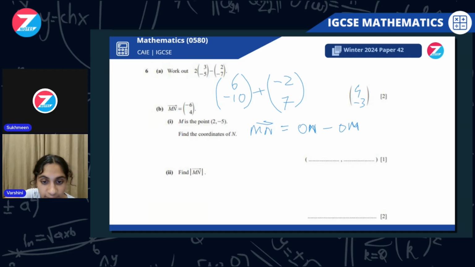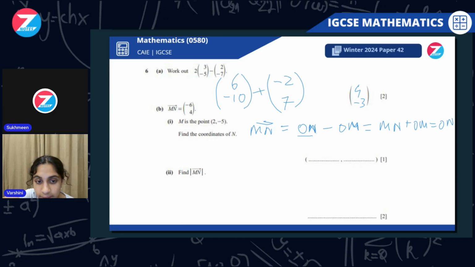So we want to find on, and we already know m and we know mn, so we're just going to have to make on the subject of the formula. So we're going to make this mn plus om equals on.